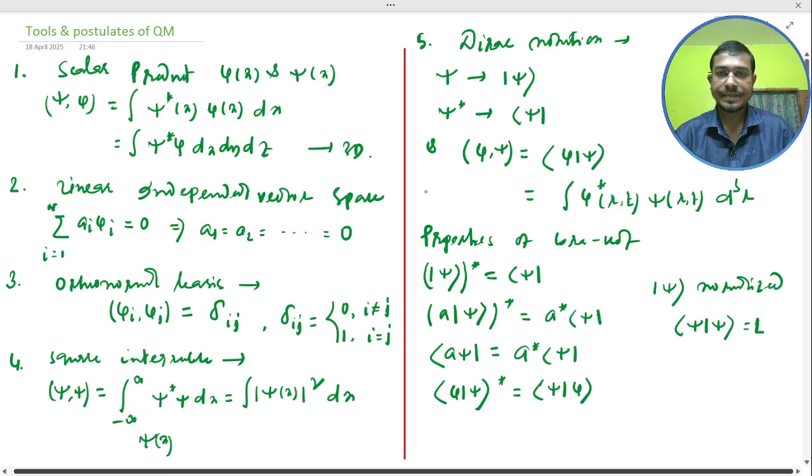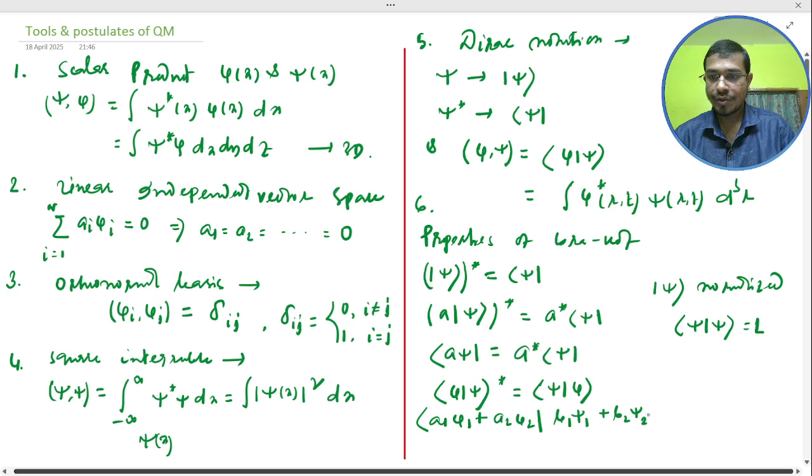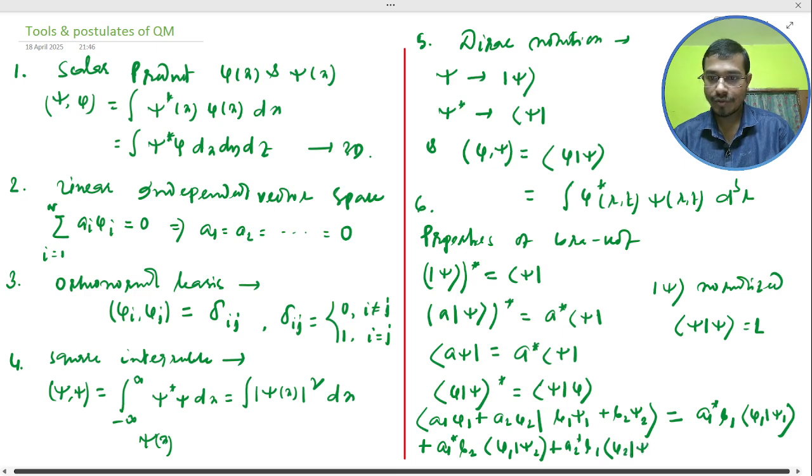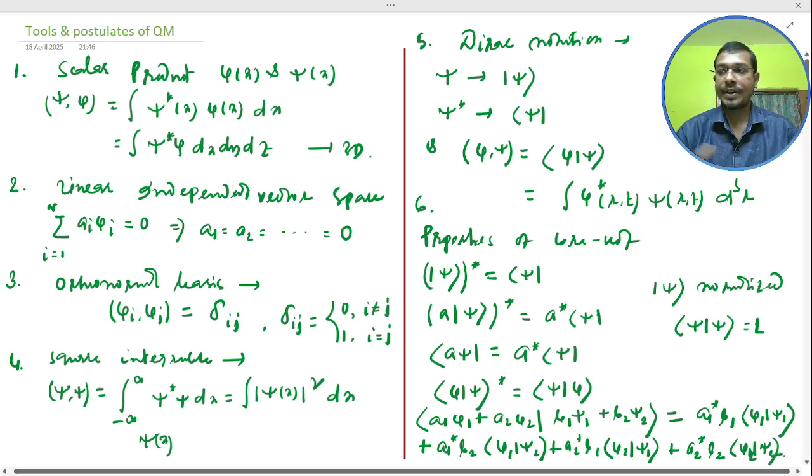And one more important relation: the inner product of (A1 phi 1 plus A2 phi 2) with (B1 psi 1 plus B2 psi 2) should be equal to A1 star B1 <phi1|psi1> plus A1 star B2 <phi1|psi2> plus A2 star B1 <phi2|psi1>, and the last element, A2 star B2 <phi2|psi2>. Okay, these are the fundamental properties.